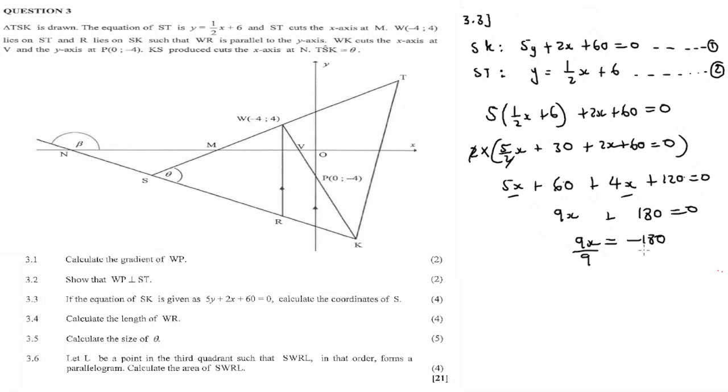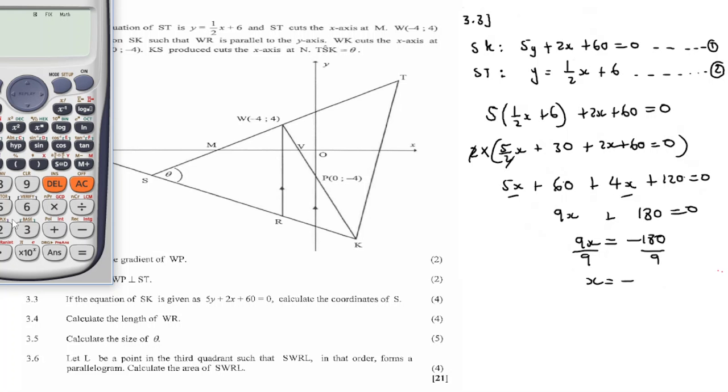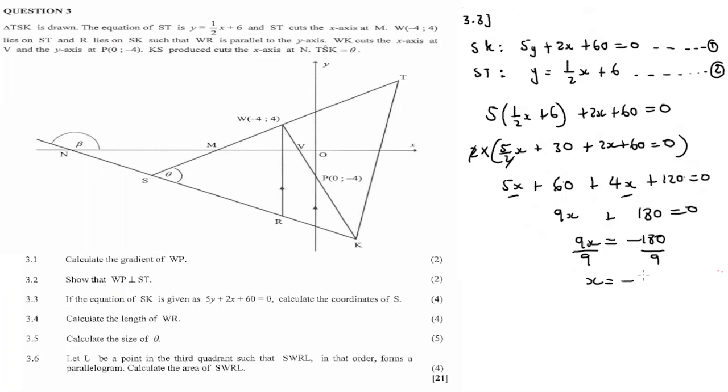Divide both sides by 9. X is equal to negative 180 divided by 9, which is negative 20. So this is the x coordinate for S. Let's find the y coordinate by substituting x into equation number 2.